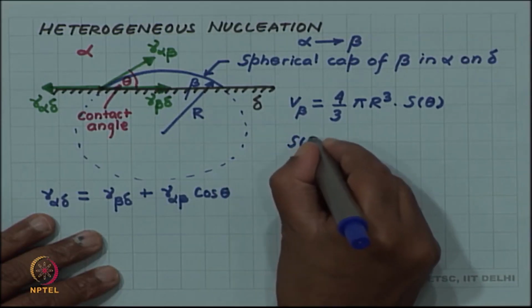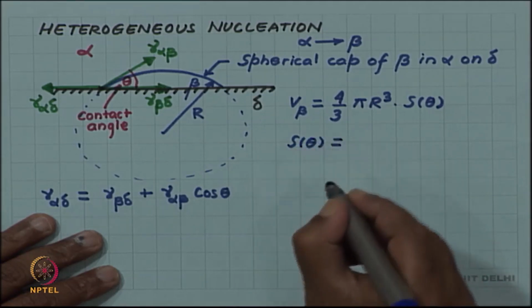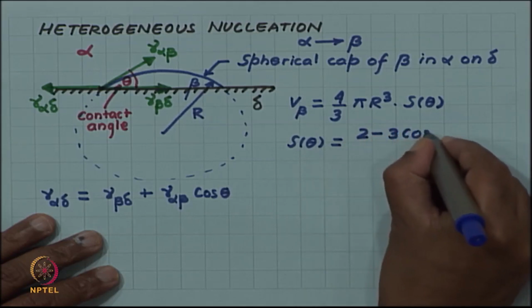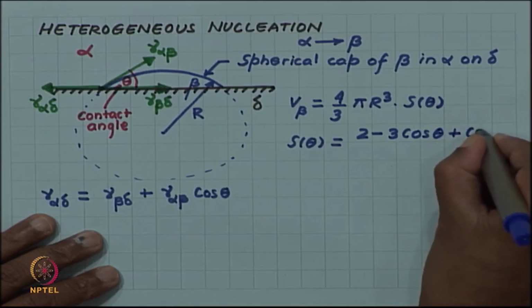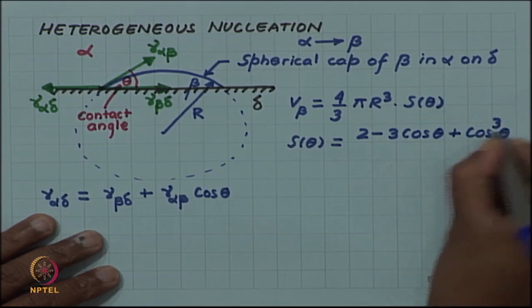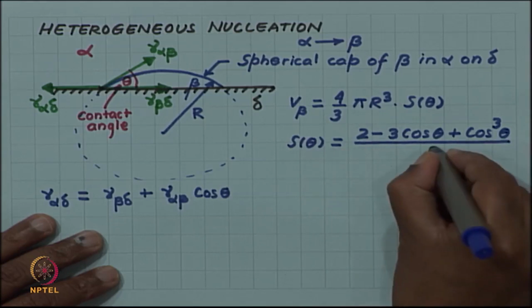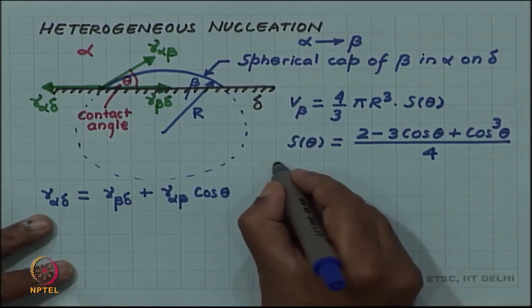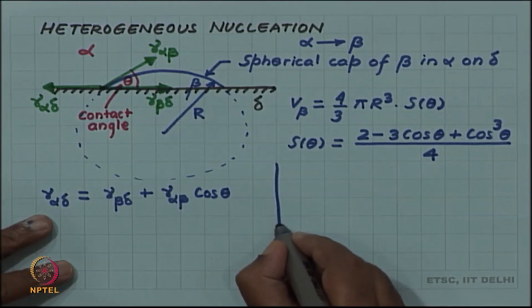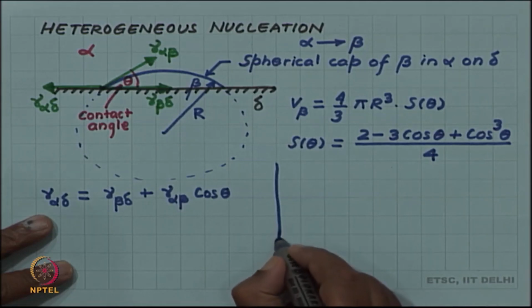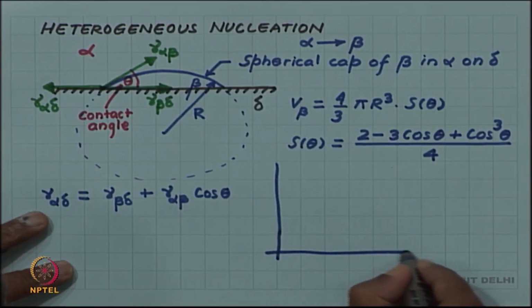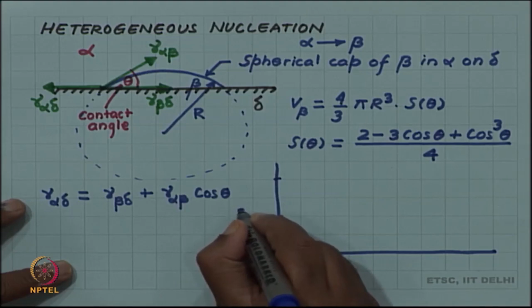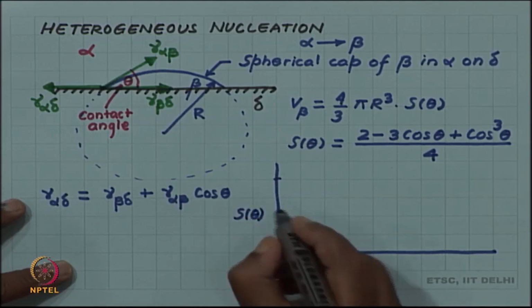Let me write that. S theta is 2 minus 3 cos theta plus cos cube theta by 4. This function, so let us plot S theta.